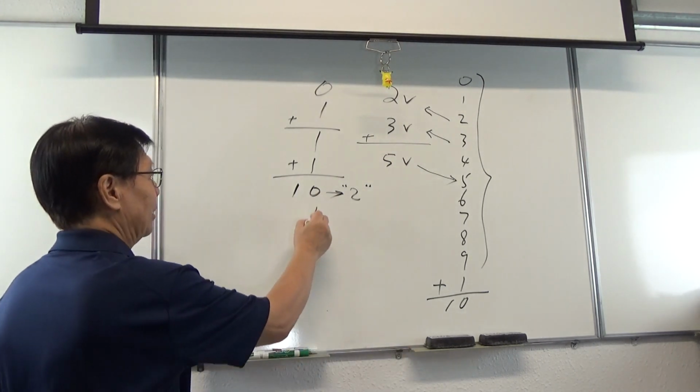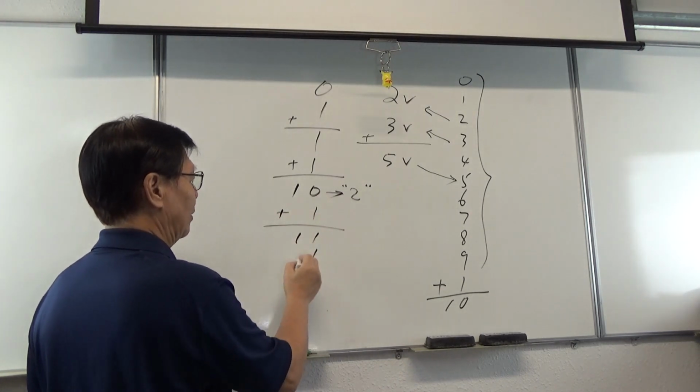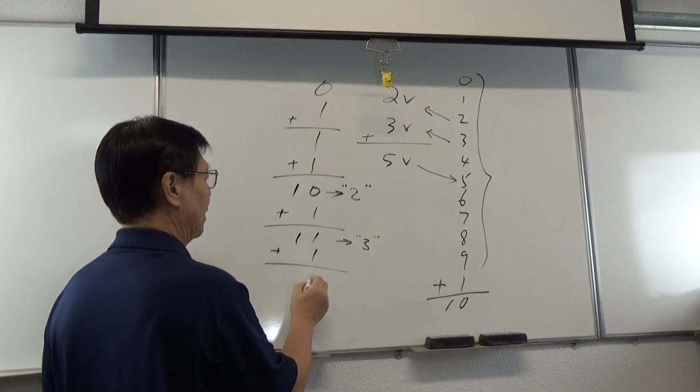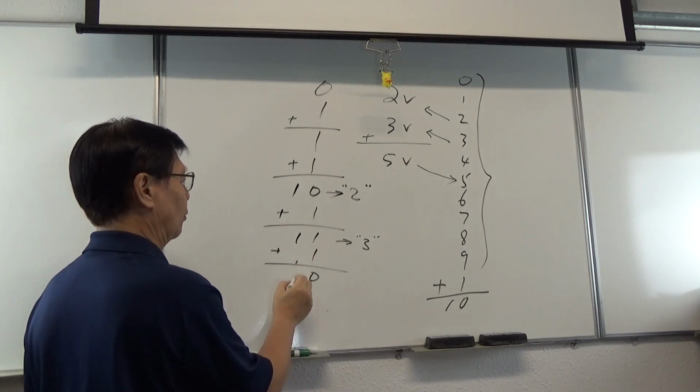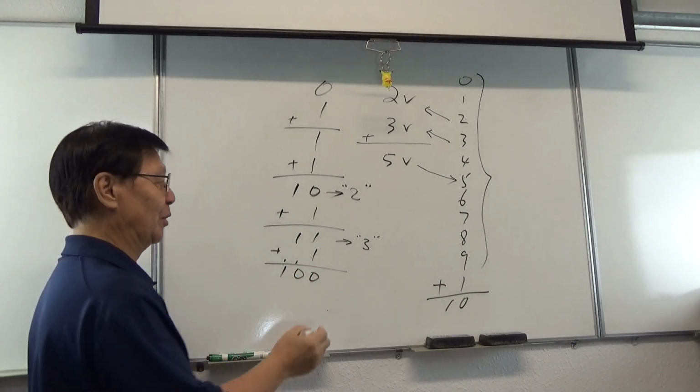Okay, now keep going. 1, 0 plus 1 is 1, 1, which means 3. Plus 1 means expire, move up, expire, move up: 100? No, it's a 4.